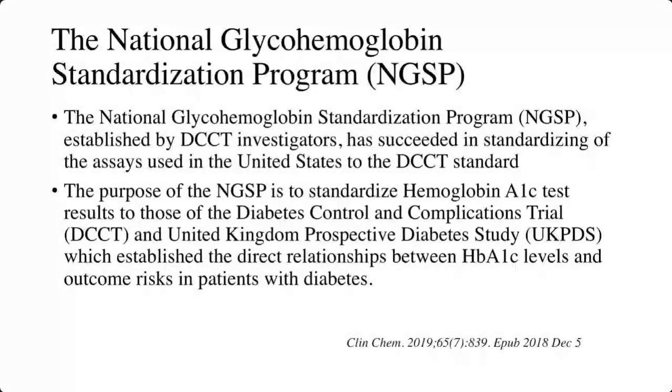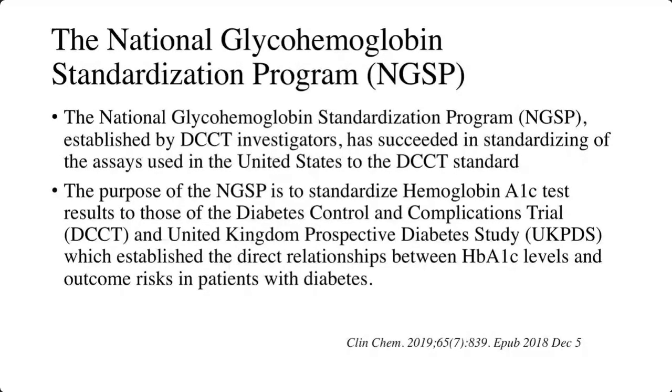So hemoglobin A1C, if you use it for diagnosis, has to be NGSP standard. So what is NGSP? It's the National Glycohemoglobin Standardization Program. It is done by DCCT investigators, and the purpose of NGSP is to standardize hemoglobin A1C test results to those of DCCT and UKPDS. And it was mainly done because there was a deficiency of DCCT samples or standardized assay.